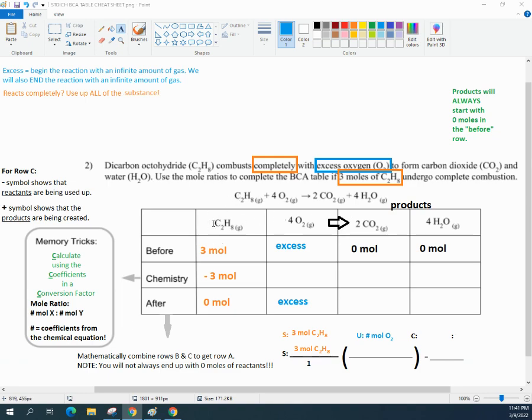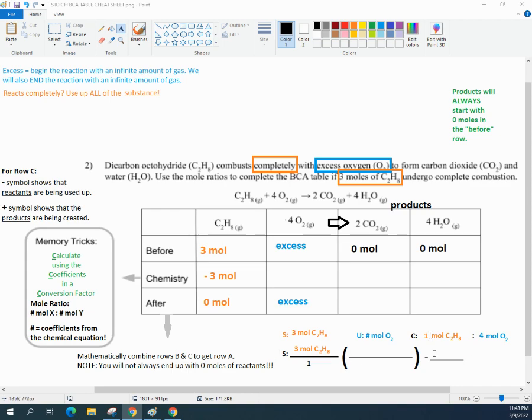So our first half is going to be 1 mole of C2H8 for 4 moles of O2. And again, I got these numbers from up here and just placed them in this mole ratio. Okay, so this is pretty much our setup.